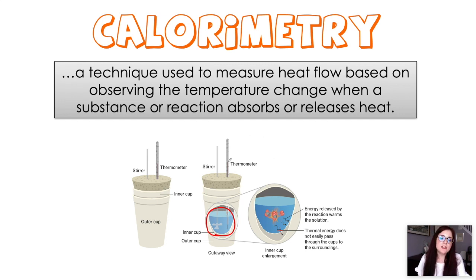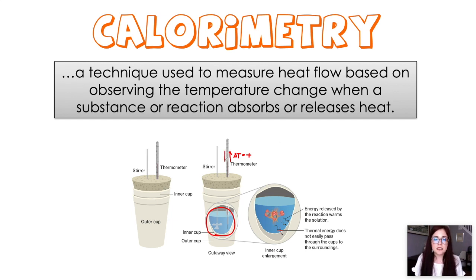So if I start this reaction at some temperature, and that temperature goes up, my change in temperature would be positive in that case. I'm gaining heat as a result. And using that temperature difference, I can convert that into heat. If the temperature changed this much, how much energy was involved in that process?